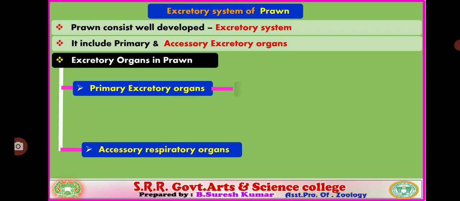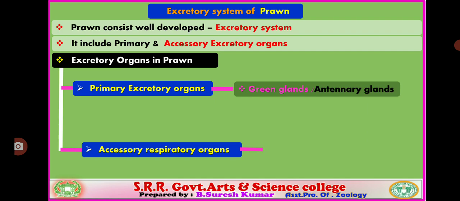The primary excretory organs are green glands, also called antennary glands, and the accessory excretory organ is the integument.